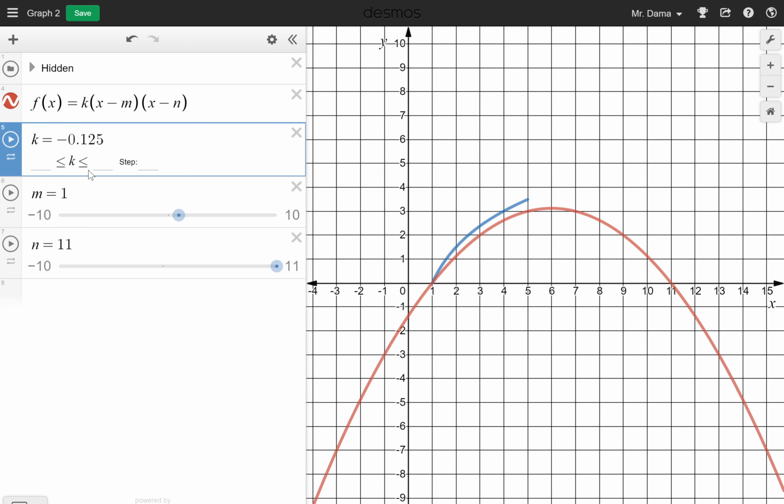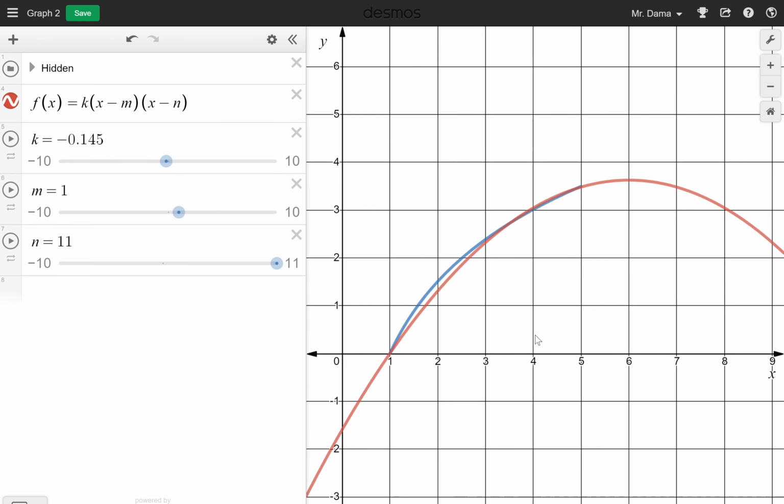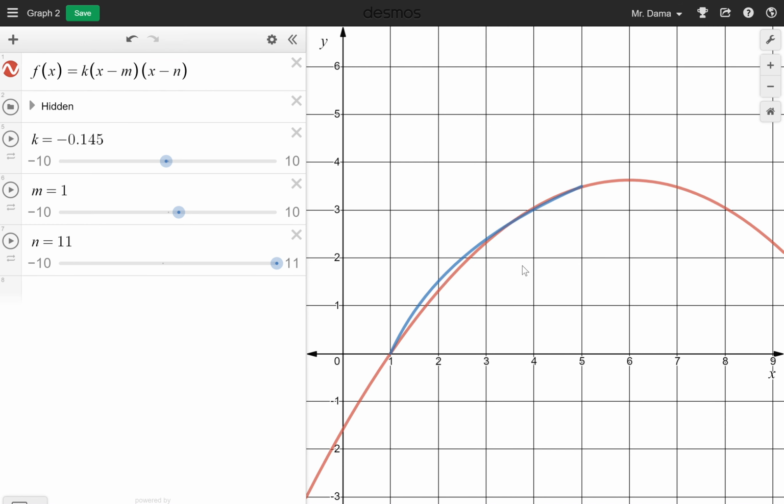I'll just increase it by something. I'm going to make it 0.13, 0.14, 0.15. Yeah, I'm going to make it 0.145. There we go. Oh, look at this. I've got this red line that I'm modeling, and I've got this blue line that I'm going to just put my red line behind.